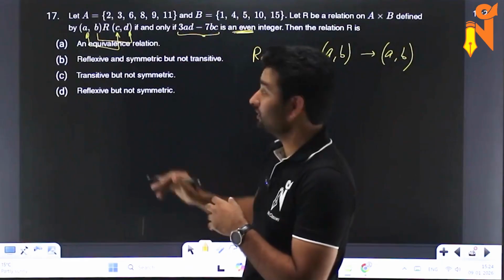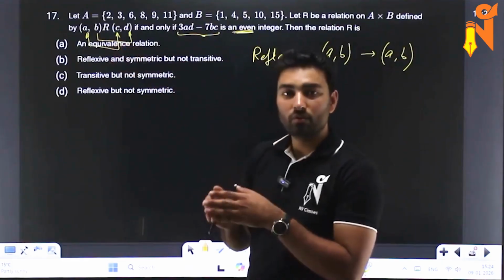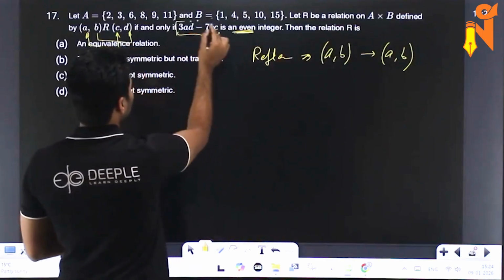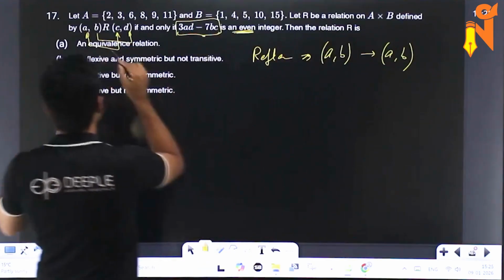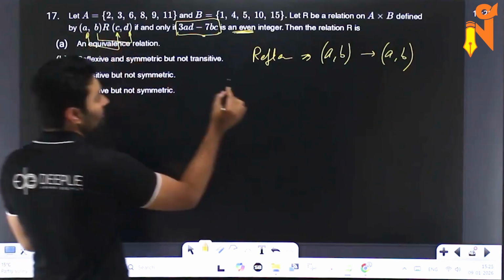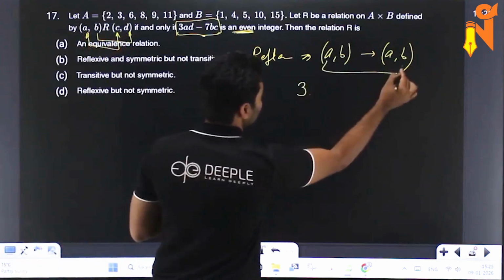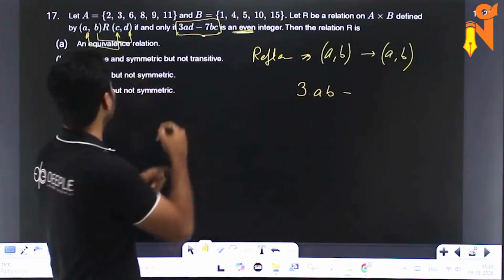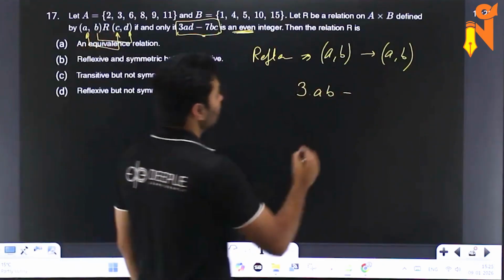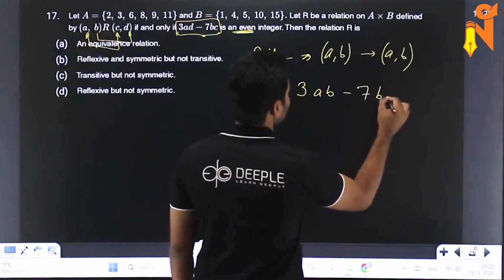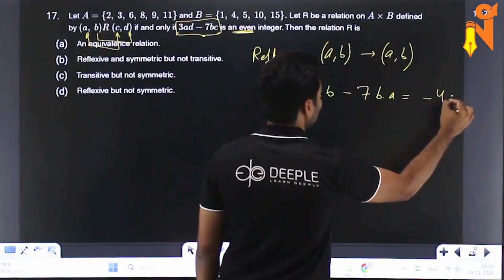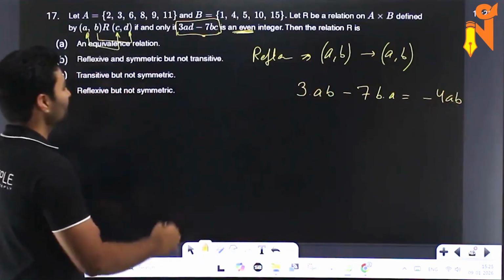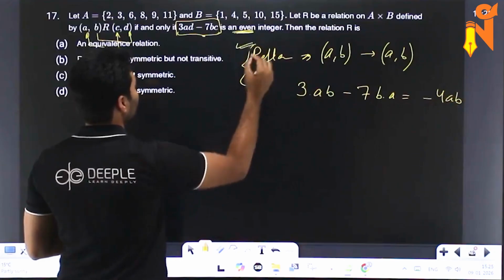If you are not able to understand this part, then please solve R.D. Sharma questions. Next, when you apply the property here, 3AD means 3A here, D here, which means 3 times this into this, so 3AB. 3AB minus BC means this into this, which means 7BA. So how much is this? Minus 4AB, and minus 4AB is always an even number, right? So basically this is a reflexive relation.